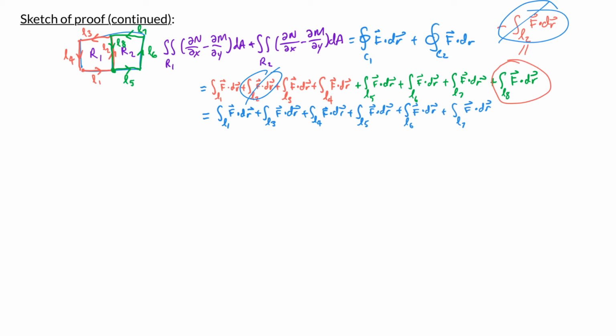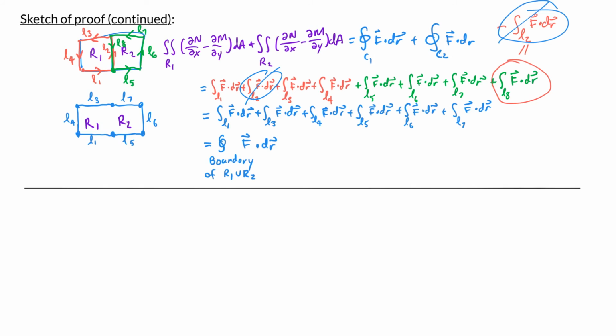If we look at these remaining line segments, we have the following picture. So when we sum up the double integral over region R1 and R2, we end up with the line integral over the boundary of R1 union R2 of f dot dr.